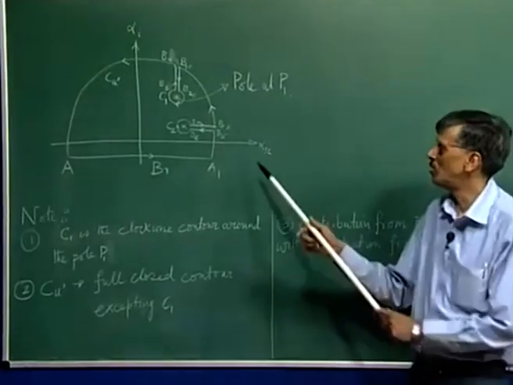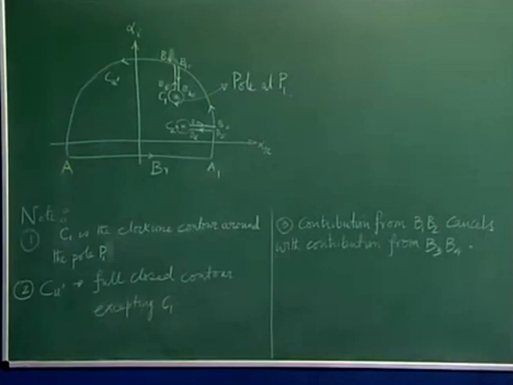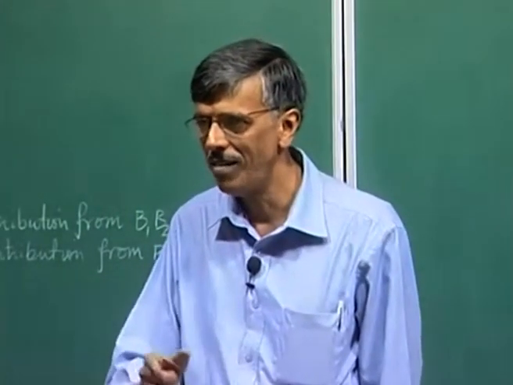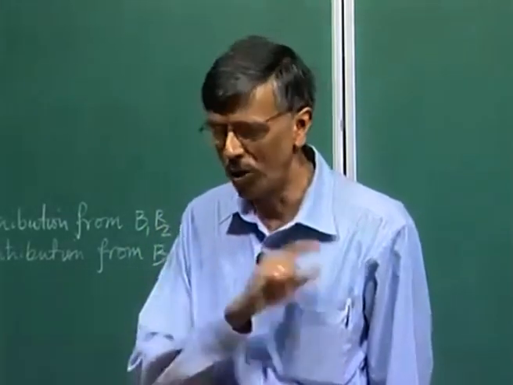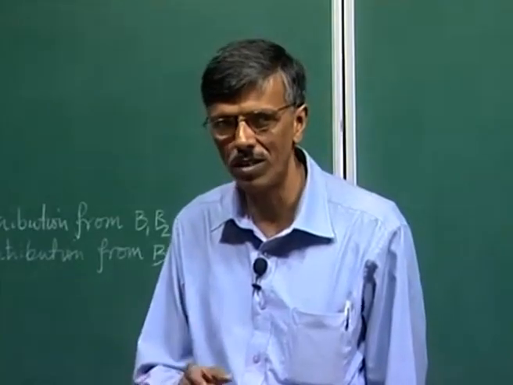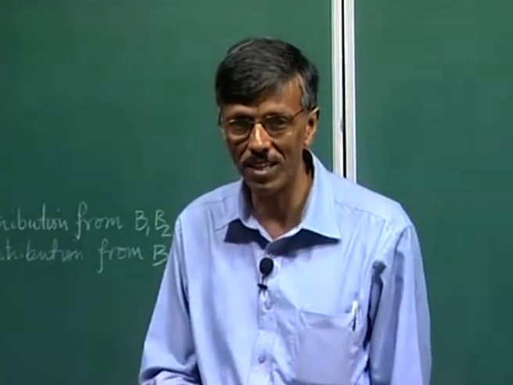However, as I told you, this semicircular arc with a radius going to infinity is nothing but half the point at infinity. So, what do we call if the function is not 0 there, we call it the function to have an essential singularity, right.